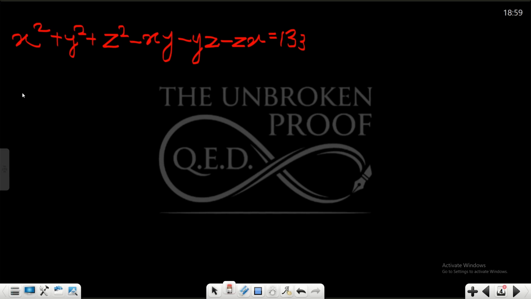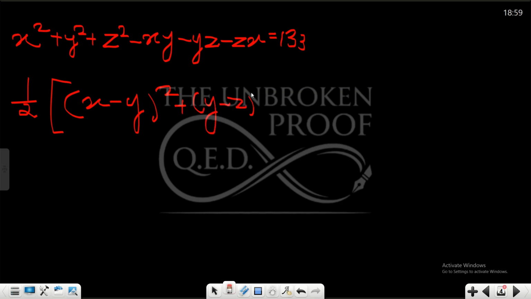Here is one more familiar identity: this expression on the left hand side can also be written as half times x minus y whole square plus y minus z whole square plus z minus x whole square, and this should be equal to 133.